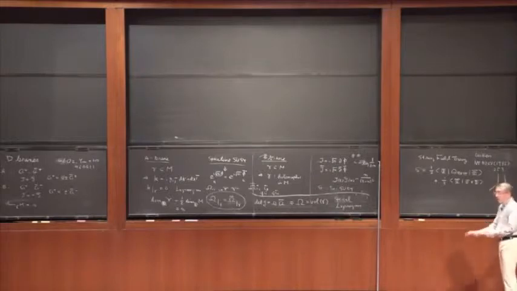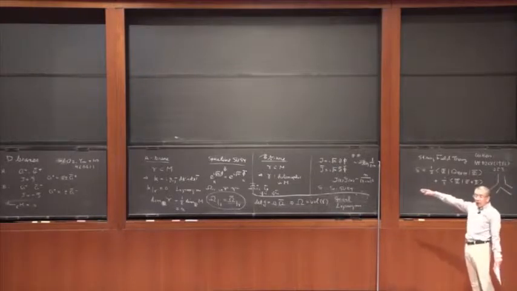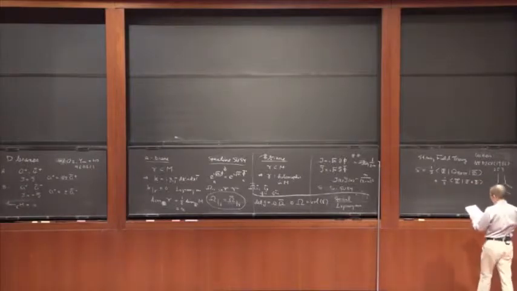So then you can apply that for the A model and B model, namely open string on A-brane and B-brane.